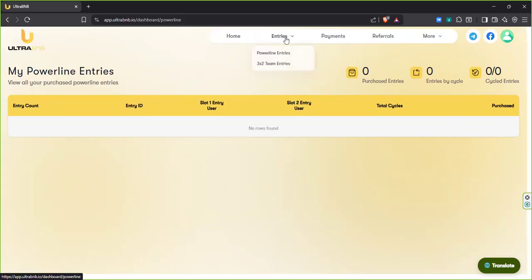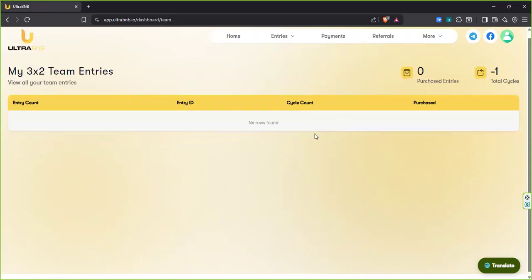Yeah, so let's go to 3x2 team build entries. The 3x2 team build entries is equally going to be the same as the Powerline, just some slight differences. With that too, we have the entry count here. If it is 10 entries you have, they'll all be recorded here, 1 to 10. Each of the entries will have its own entry ID number recorded here. Then the number of cycles they've completed.